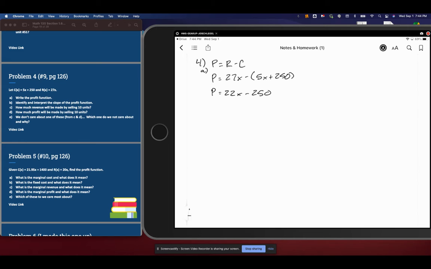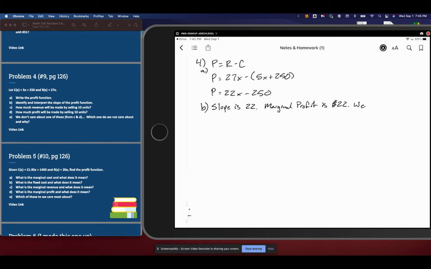That was part A. On to B. We've got to identify and interpret the slope of the profit function. So the slope is 22, which means that the marginal profit is $22.